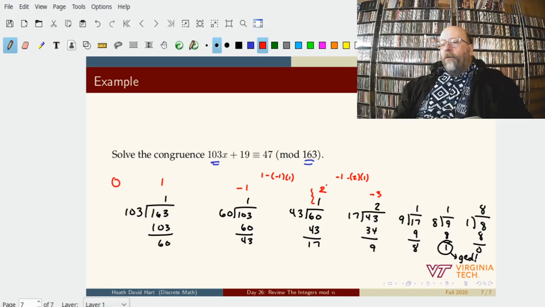So we'll do now 2 minus this product. 2 minus negative 3 times 2 is 2 plus 6, which is 8. Negative 3 minus 8 is negative 11. 8 minus negative 11 is 19.